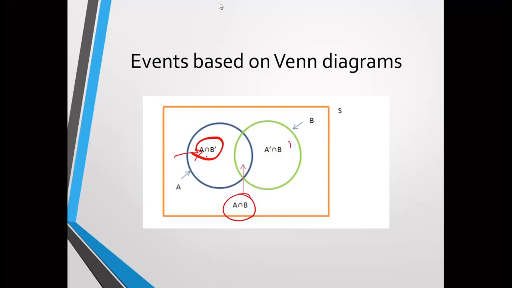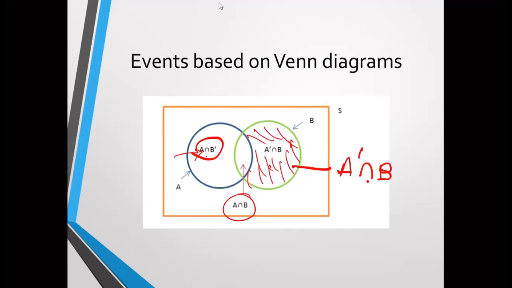Then how can we identify this region? Surely it should be A complement or A dash, and A dash must be intersected with B. Therefore, we can represent it as A dash intersected with B, so A dash and B.